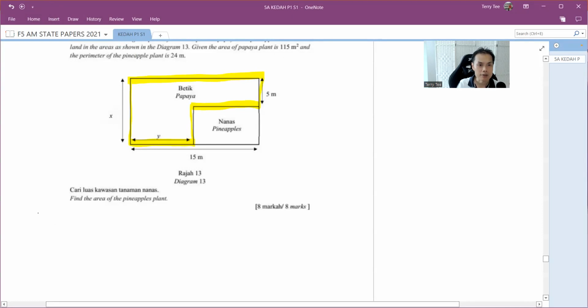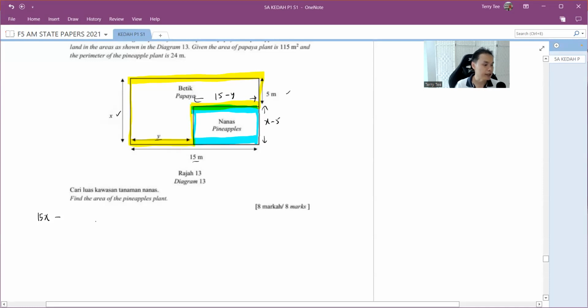Well, the big rectangle is 15 times x. Then you have to subtract the small rectangle, which is the pineapple here. If this is 15, the other one is y. This is 15, this is y, the difference is 15 minus y. And if this is x, this is 5, the width is x minus 5.